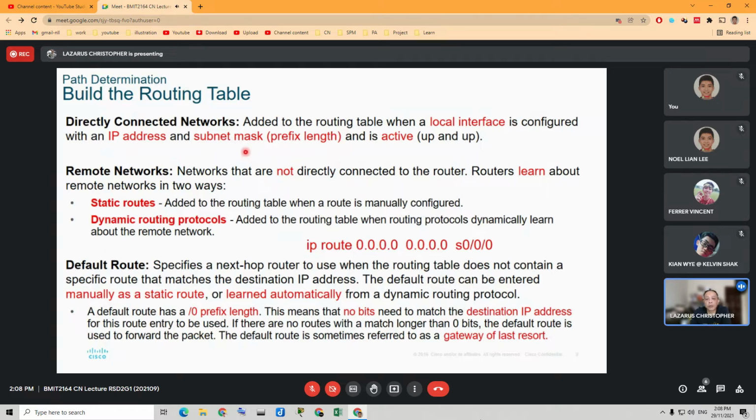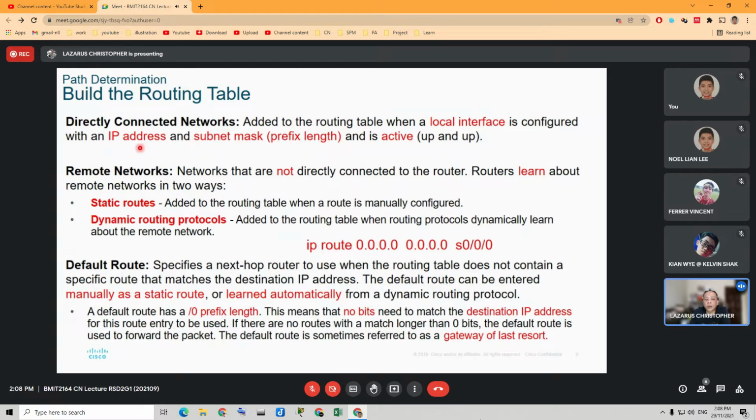You have to put the subnet mask as well, so that you can differentiate between similar network addresses. Sometimes similar network addresses only have the subnet mask to differentiate, as I mentioned on the earlier slide. If the interface is in shutdown mode, the router will not add it into the routing table yet.